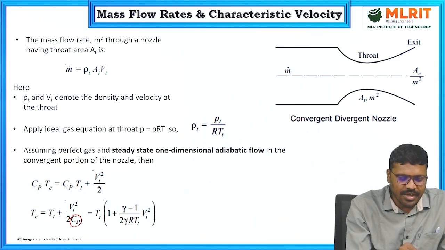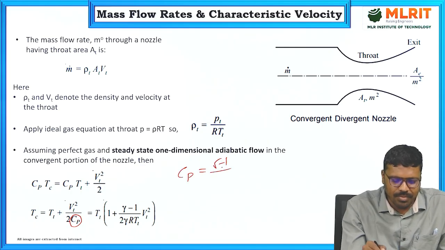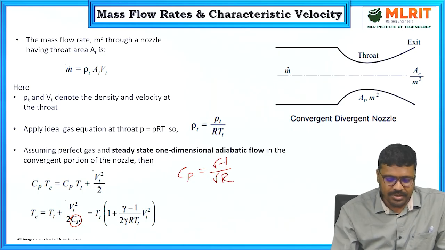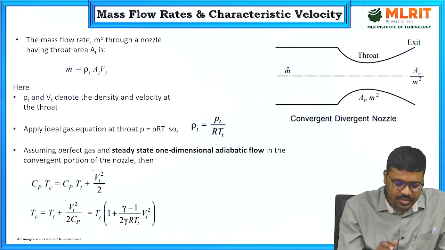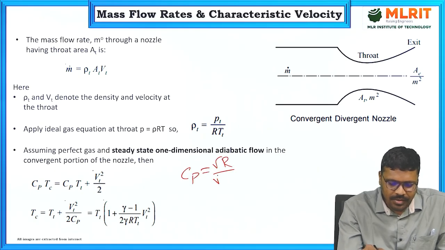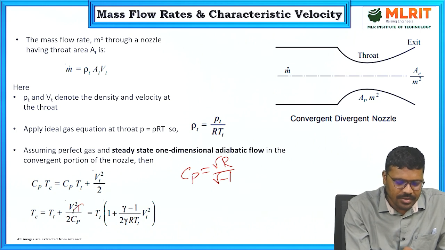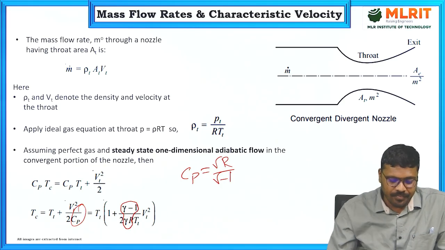Cp can be written as gamma R by gamma minus 1. Since we have 1 by Cp here, this can be written as gamma minus 1 by gamma R.